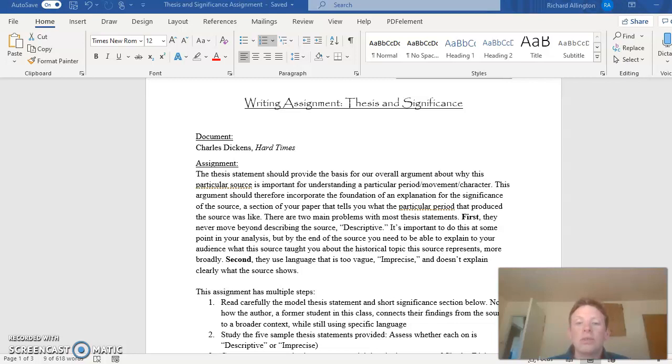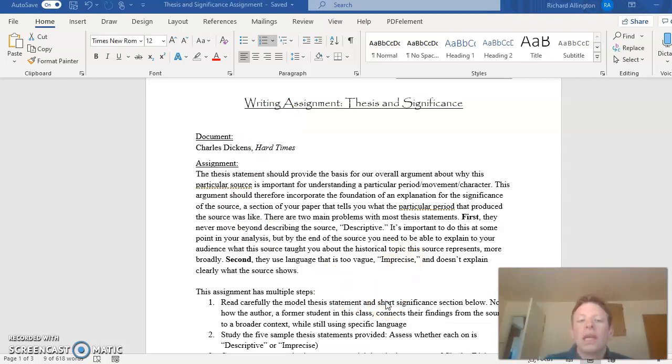The other issue that a lot of people struggle with is using language that gets too far away from the text or is too imprecise. I've used the word imprecise here.